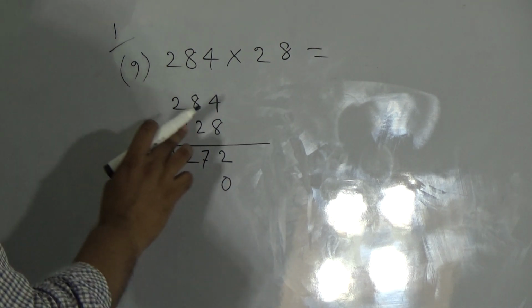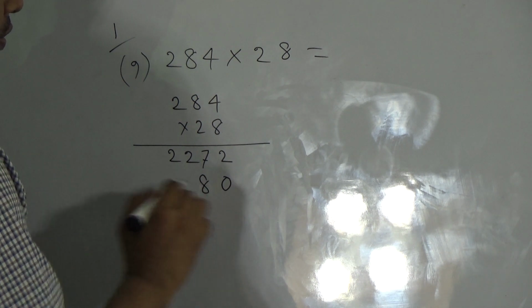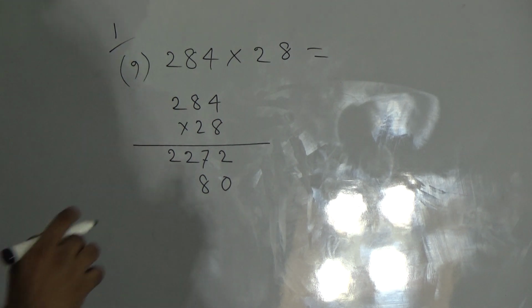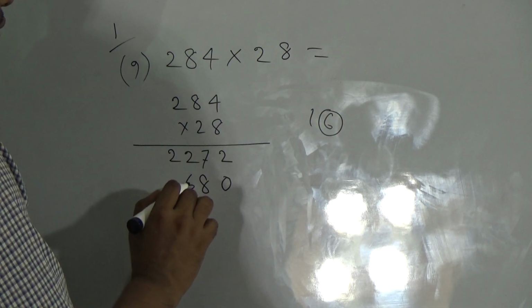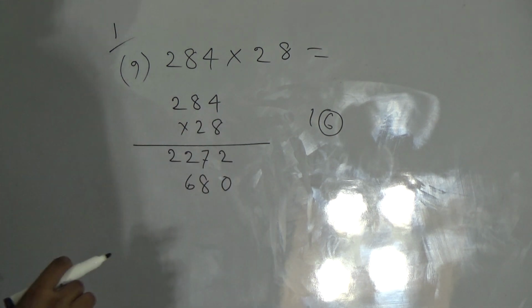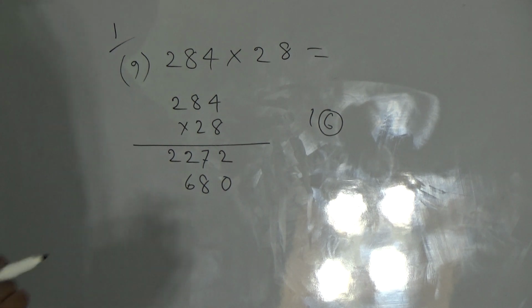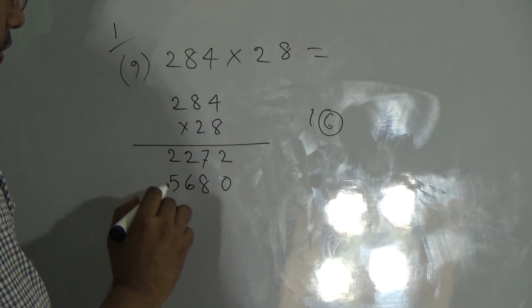Now here 4 2's are 8. We will write 8 here. Now 8 2's are what? 8 2's are 16. From 16 we'll write 6 and carrying will be 1. Now 2 2's are 4 and 4 plus 1, 4 plus 1 equal to 5.